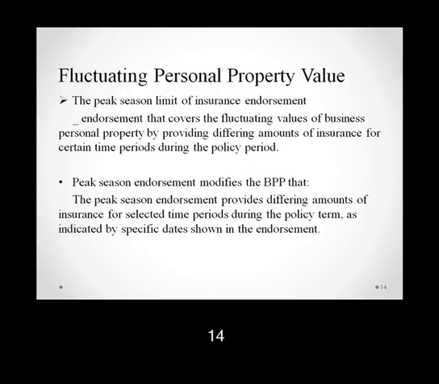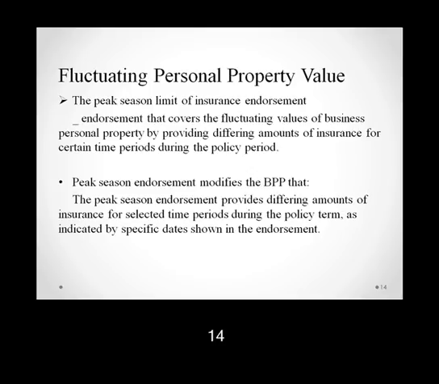It is an endorsement that covers the fluctuating value of business personal property by providing different amounts of insurance for certain time periods during the policy period. So the peak season endorsement under BPP will provide differing amounts of insurance for selected time periods during the policy term, as indicated by the specific dates shown in the endorsement.